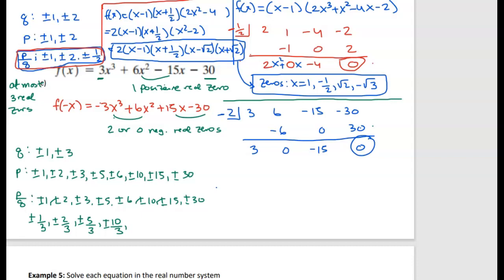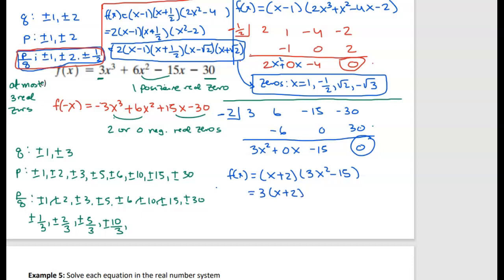So this original function can be written as x plus 2. And then this with the x's put in. So this is a constant, this has the x, this has the x squared. So 3x squared minus 15. Alright? This is a quadratic, so we're going to factor it. Let's pull out the 3 first.